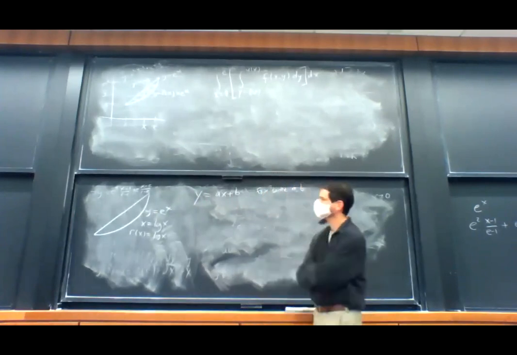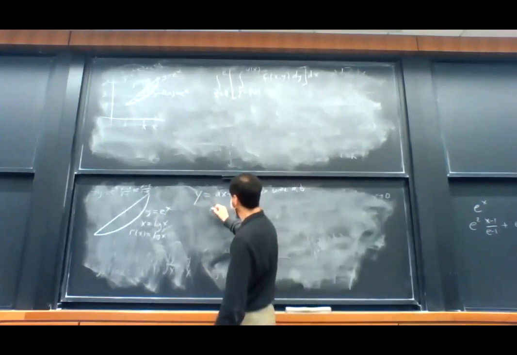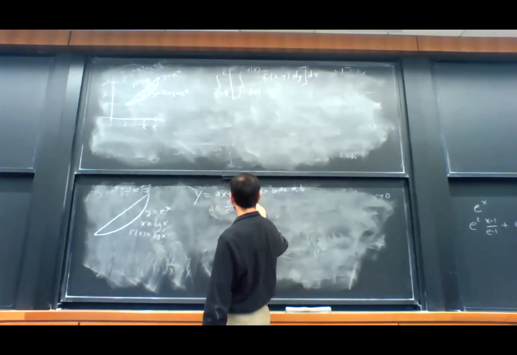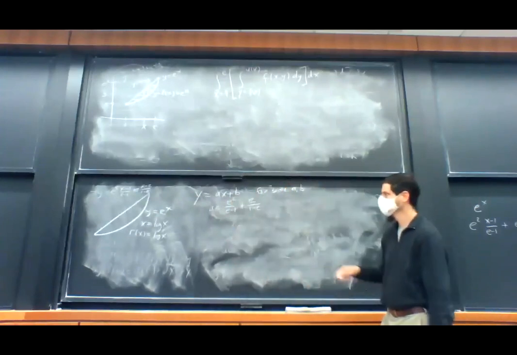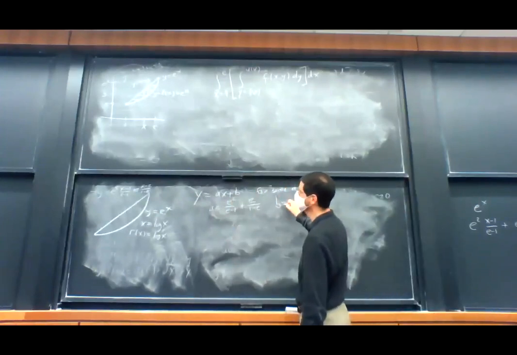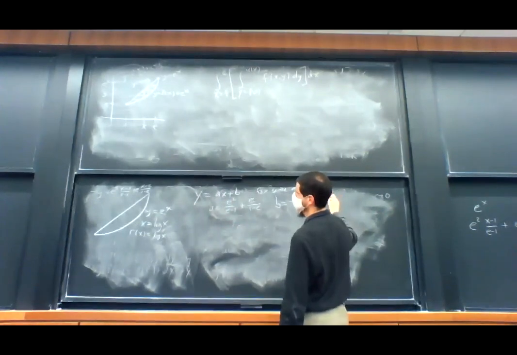Does everybody agree that there's some a and b that work? A would be e squared over e minus 1 plus e over 1 minus e. That would be the coefficient of x. The constant term b would be negative e squared over e minus 1 minus e squared over 1 minus e.